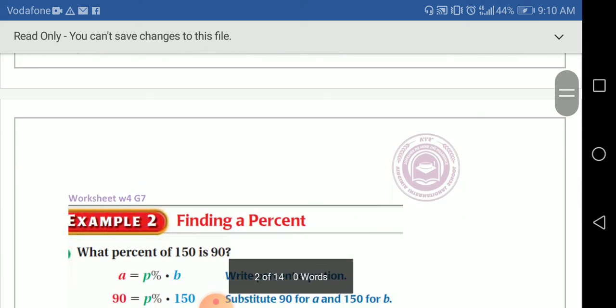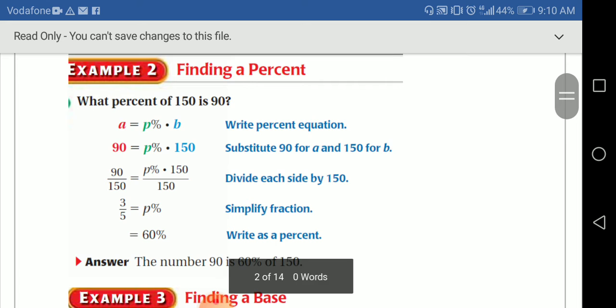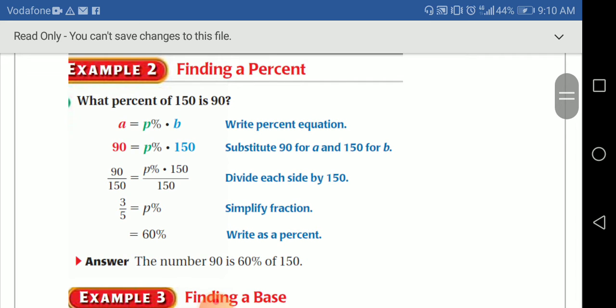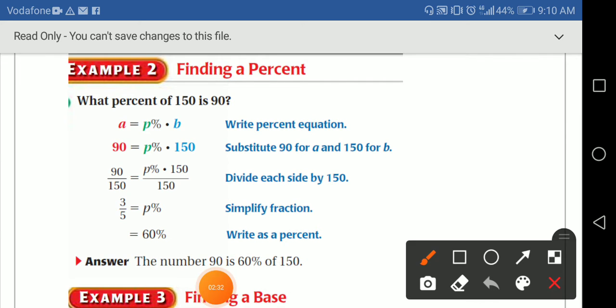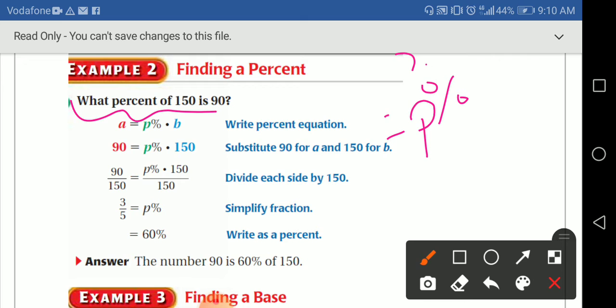Okay, guys, what about this example? What percent of 150 is 90? Listen to the question carefully. What percent of 150 is 90? So he is asking me about the percent. This is the question, what percent, so this is the required.